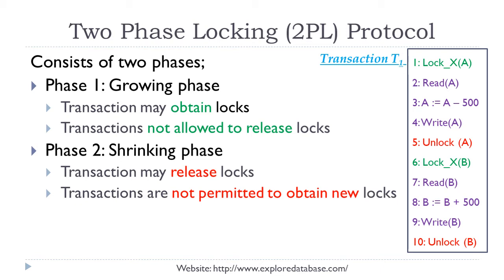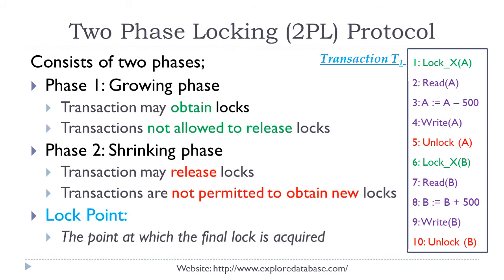At this point, you have reached the lock point. It is the point at which the final lock is acquired. At this point, we are considered to have completed the growing phase and enter into the shrinking phase.